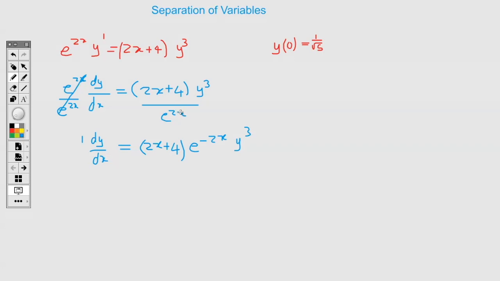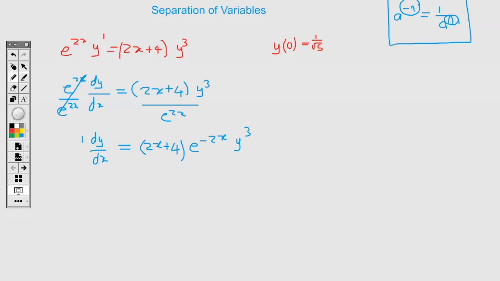The laws of indices say that when we have 1 over a to the n, if I change the position, then the sign of the power will change, in this case from positive to negative. So we change this to negative 2x, and the minus tells me that it basically goes in the numerator using this indices rule.